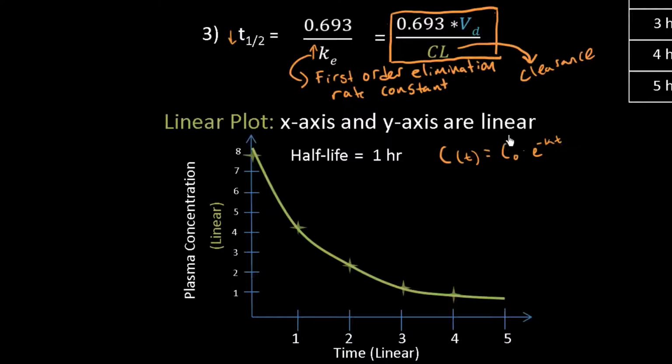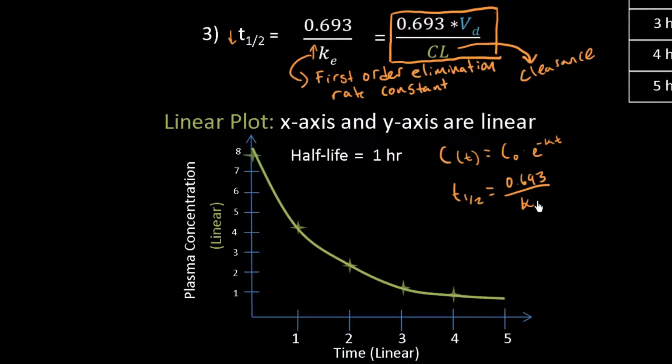Now you don't have to memorize this equation, but from this equation I can solve this for the half-life. And if I do that, that's where I get that T1/2 is equal to 0.693 over that first order elimination rate constant.